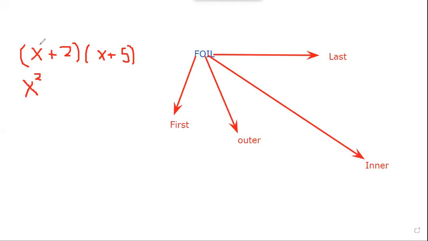The outer is 5x, the inner is 2x, so at the end we have 7x. And then 2 times 5 equals 10.